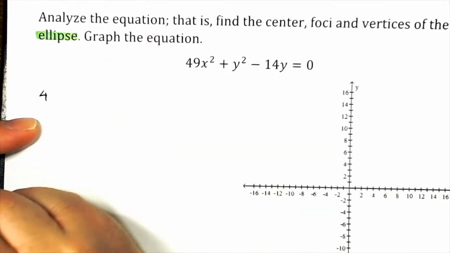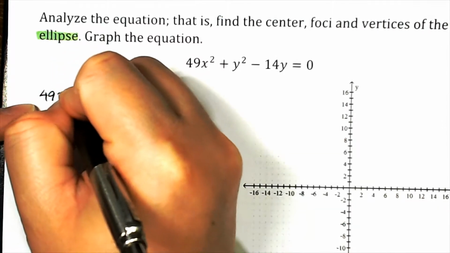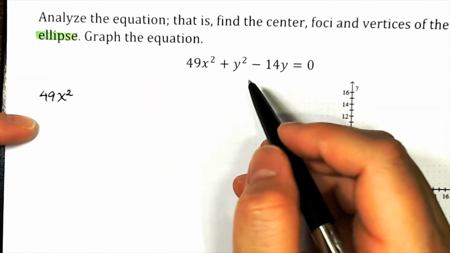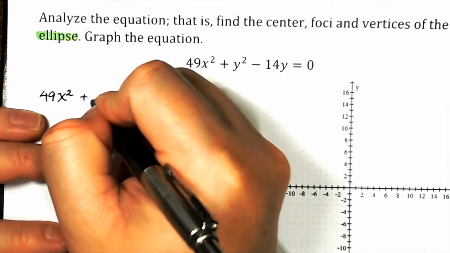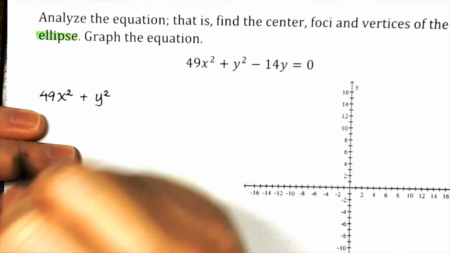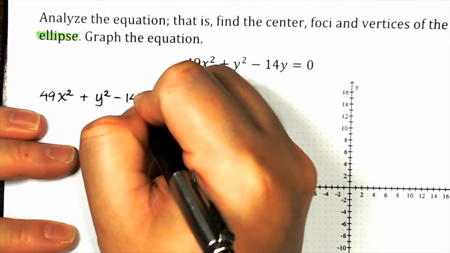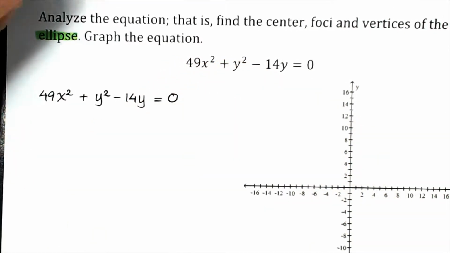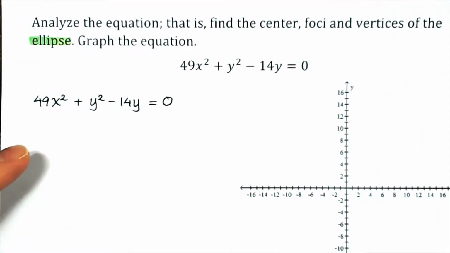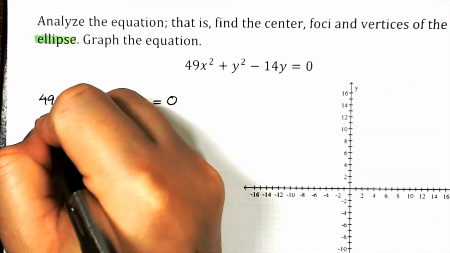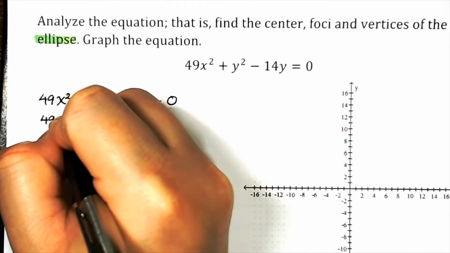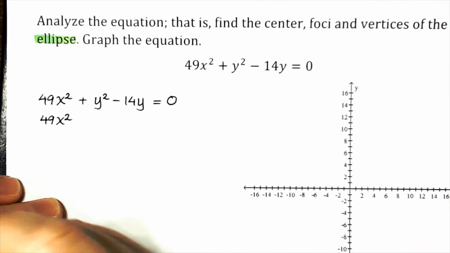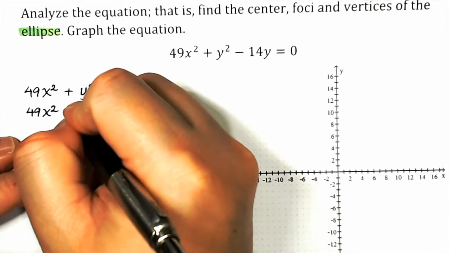So we're going to put 49x squared, and there's no x. There's y squared, and there's y. So that is the equation. We will complete the square to go to the standard form. 49x squared is already completed in terms of x.